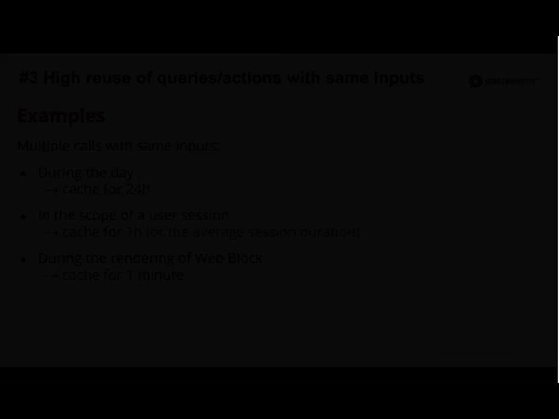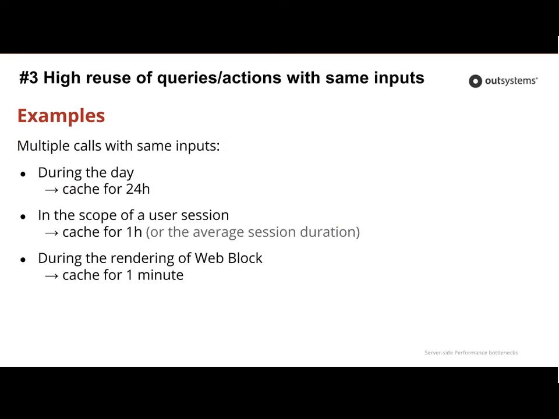Like I described, you can consider hours, 24 hours. You can cache the results for 1 day. You can cache the results for 1 hour or during the session user. Or you can, in this case, this is for other elements besides the queries and the actions, you have the weblogs.